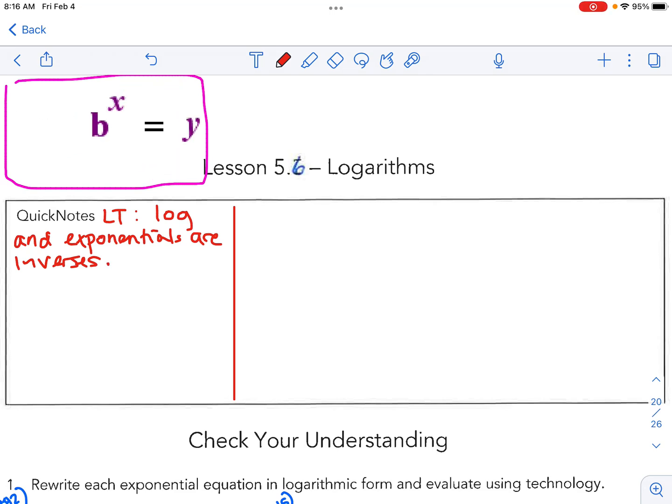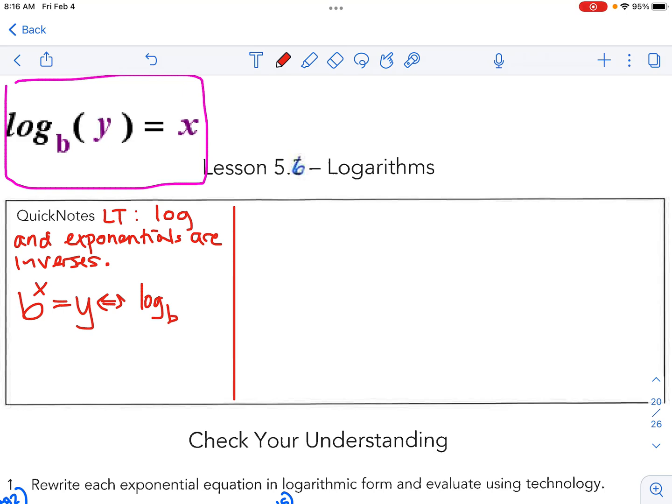Think about how we solve in general. We undo things. We undo addition with subtraction, multiplication with division. We undo powers with logs. So we have a base to a power of x that gets us our answer, and the inverse of that is a log to the base b of that answer, which gets us our power.